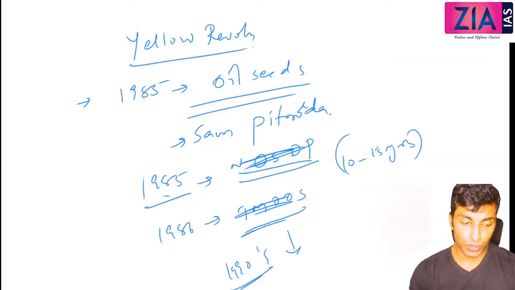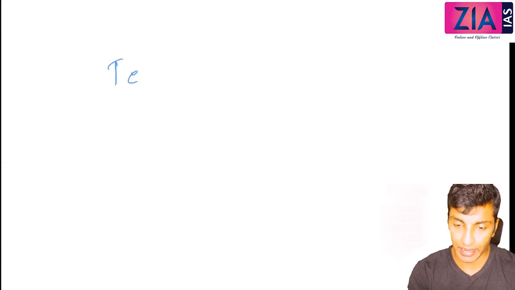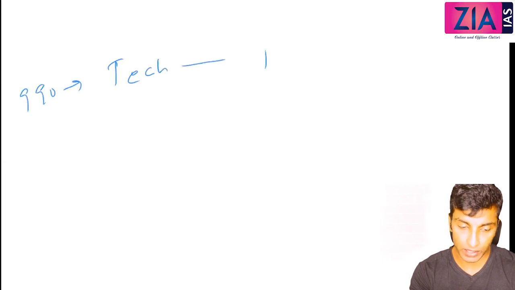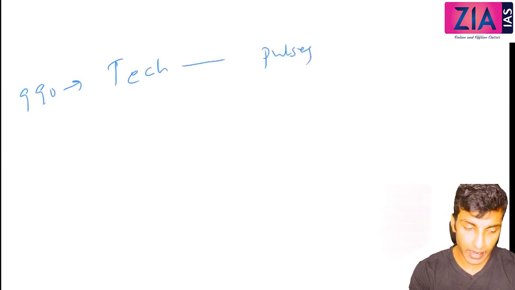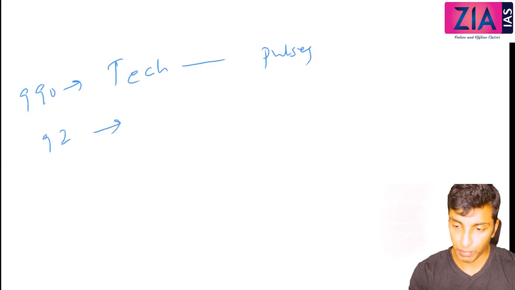Okay, so later all these were merged, right? Technology Mission on Pulses, you can write in 1990. In 1990 there was a Technology Mission on Pulses, and then in 92 there was a Technology Mission on Maize.